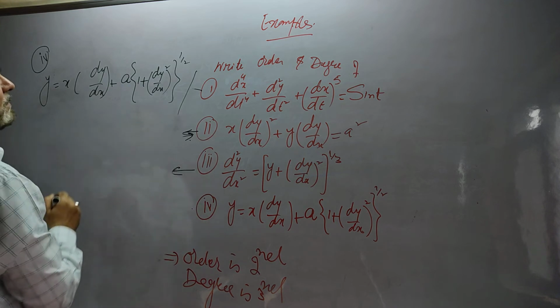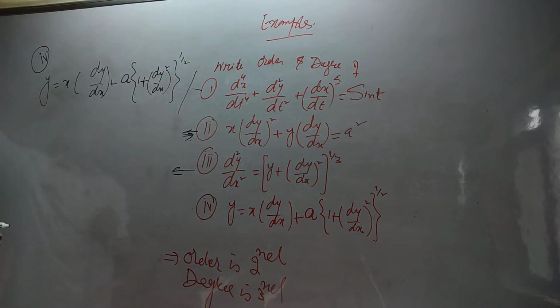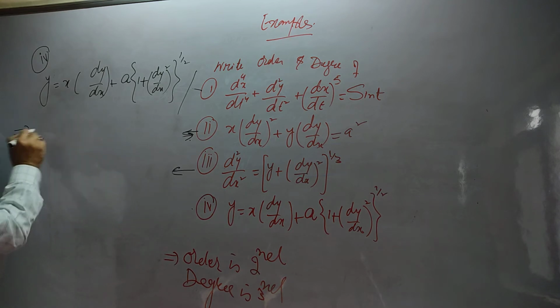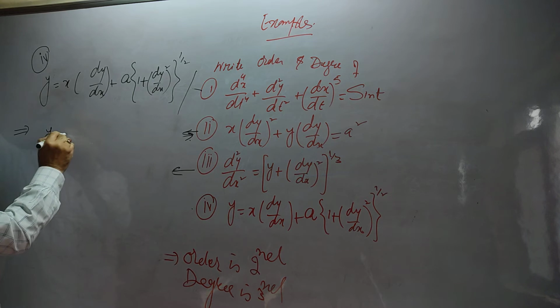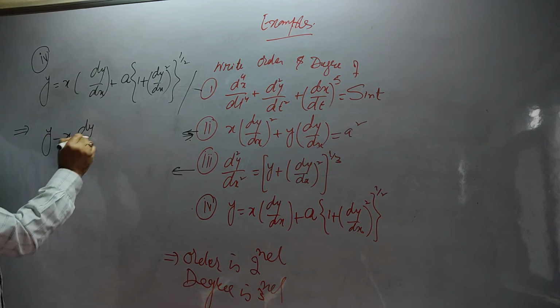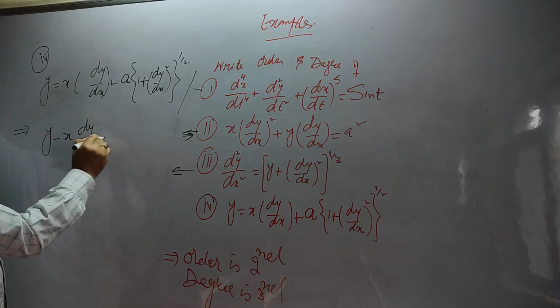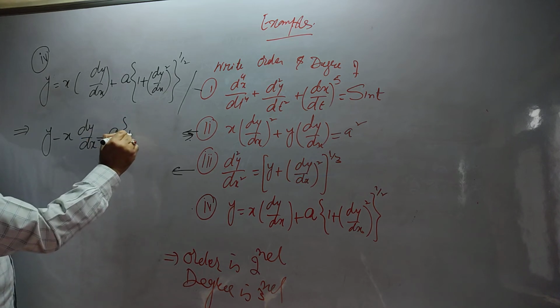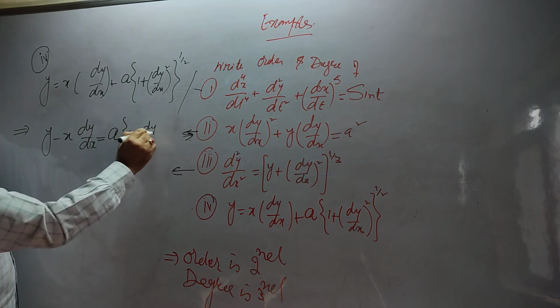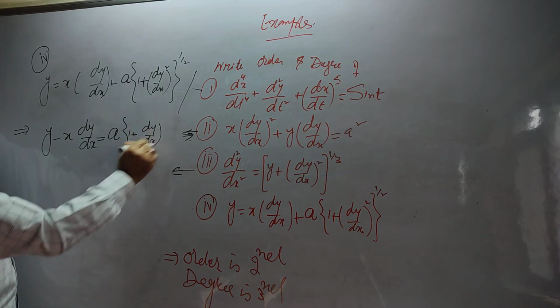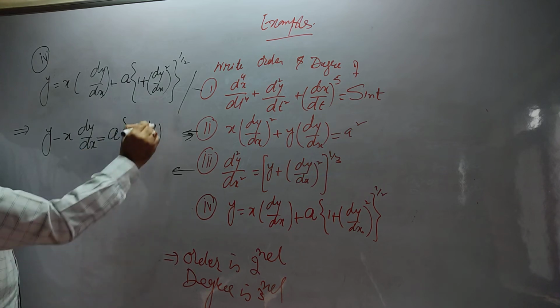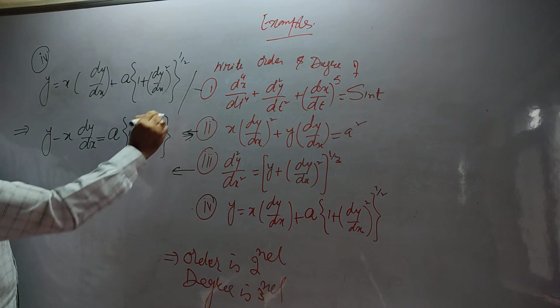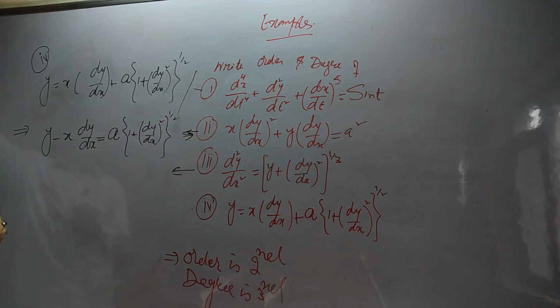How do I find out its order and degree? Fractionals are involved. It will be better if I write this as y minus x dy by dx is equal to a times (1 plus (dy by dx) square) raised to power 1 by 2.